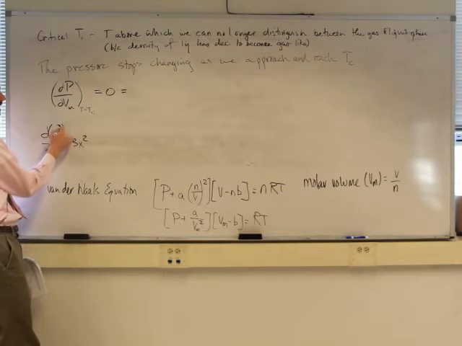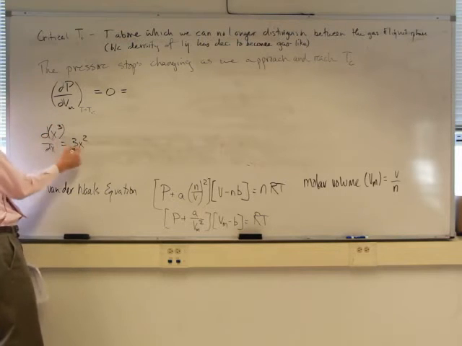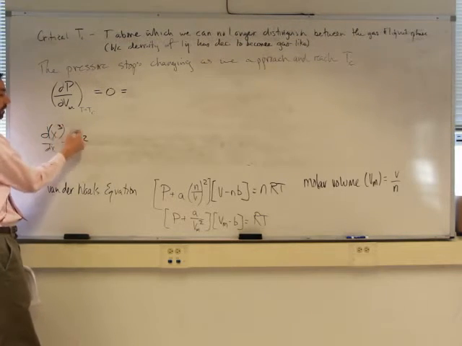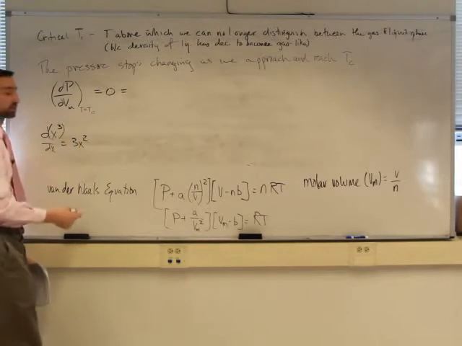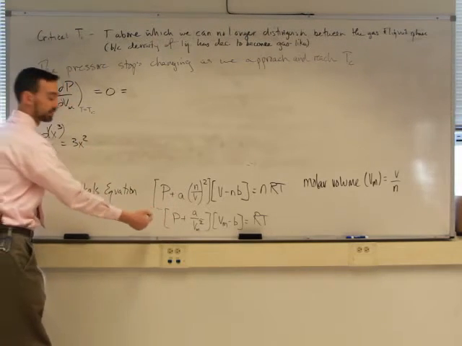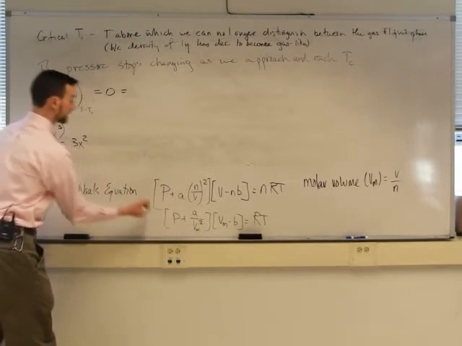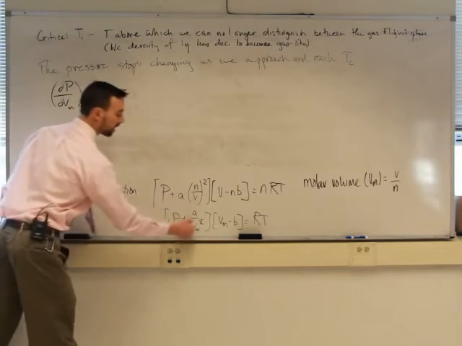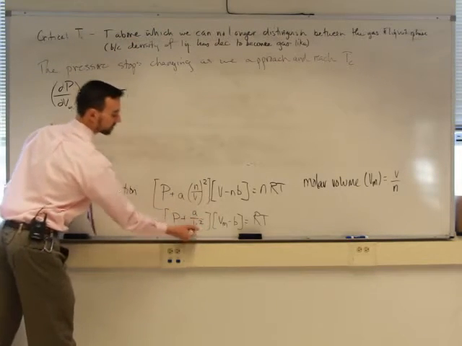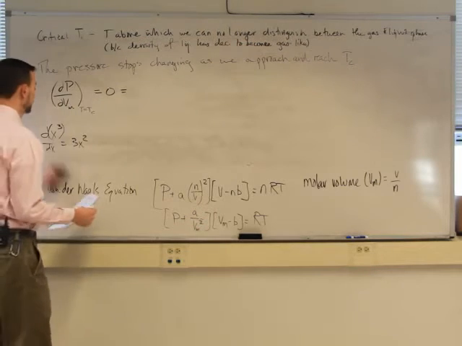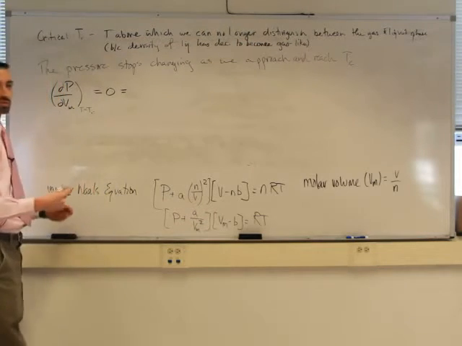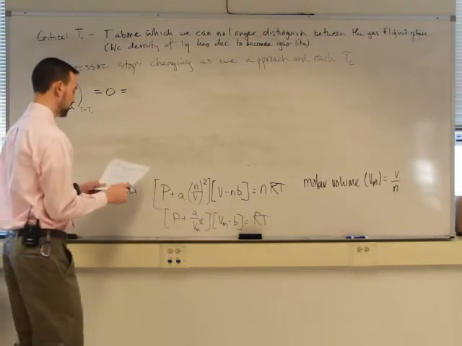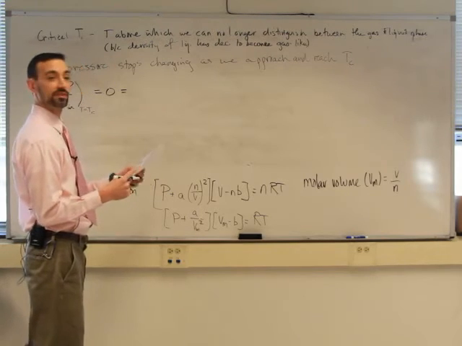The 3 comes down as the coefficient, and then the power is decreased by 1. So essentially I need to do that, where P takes the place of the pressure here with respect to what's going on here. I'm going to just give you these derivatives. You can ask your calculus teachers to verify this when you get there.